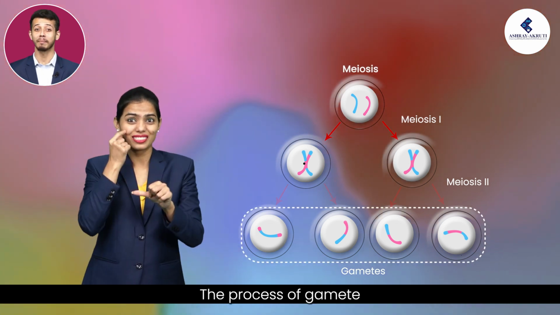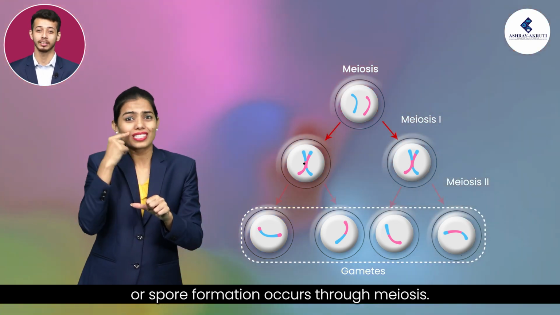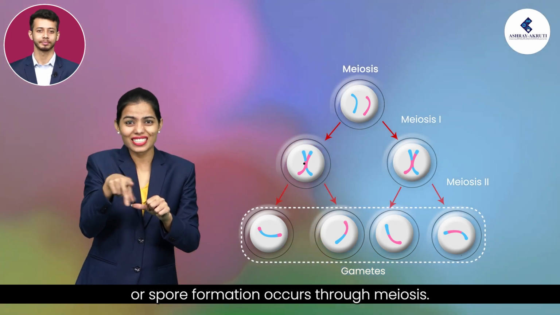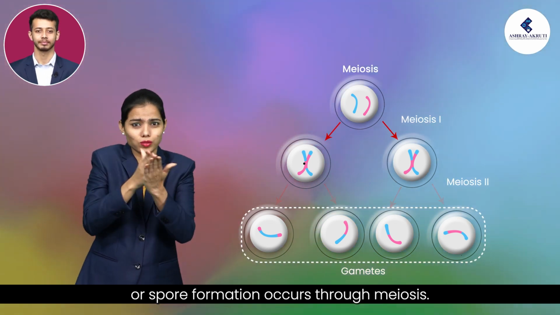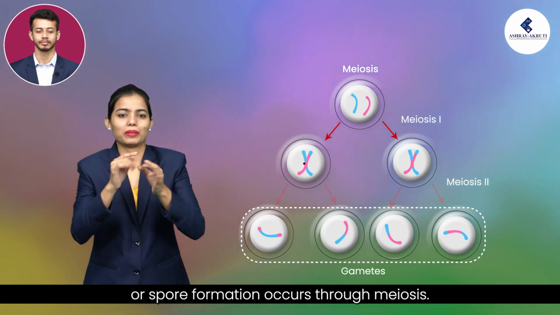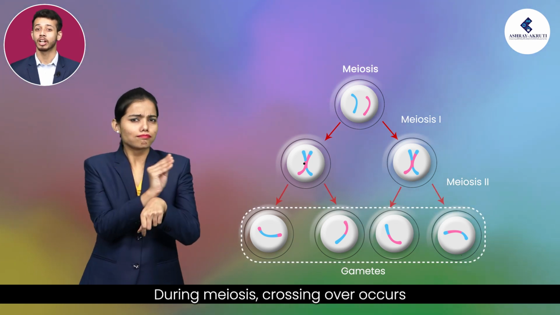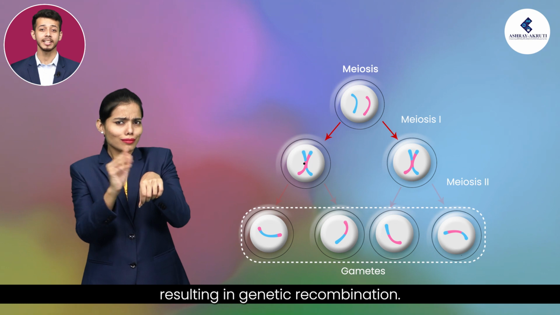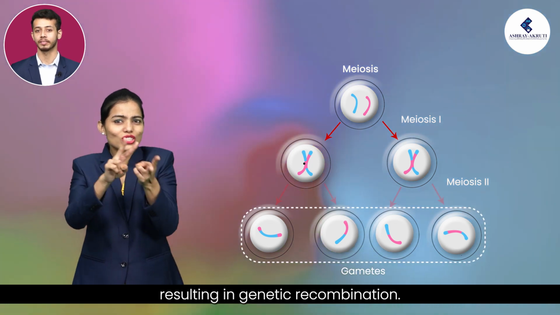The process of gamete or spore formation occurs through meiosis. During meiosis, crossing over occurs, resulting in genetic recombination.